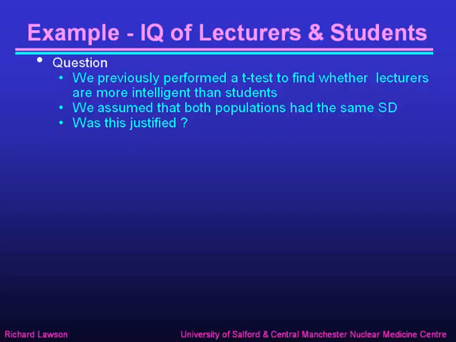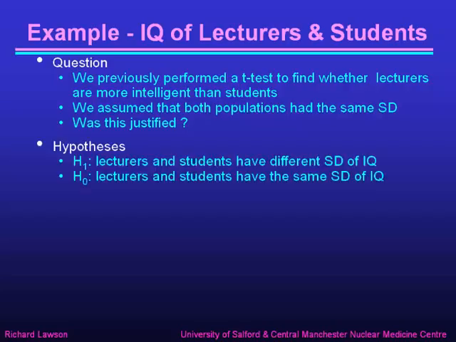But now we have the means to test whether that was justified, because we know a way of comparing standard deviations. So our experimental hypothesis might be that lecturers and students have different standard deviations of their IQ, and the null hypothesis would be that lecturers and students have the same standard deviation of their IQ.